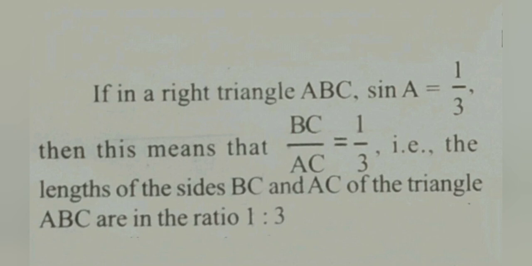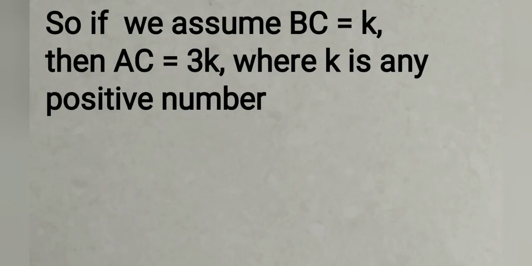That is, the lengths of the sides BC and AC of the triangle ABC are in the ratio 1 is to 3. So if we assume BC is equal to K, then AC is equal to 3 times K, where K is any positive number.